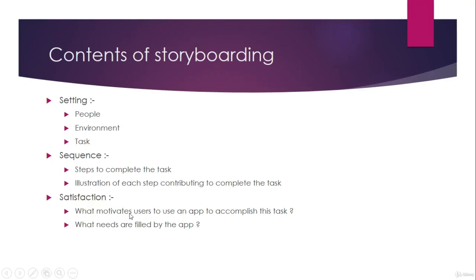The final aspect that we should be worried about is the satisfaction. Under that, what motivates the user to use the app to accomplish the task? Say, instead of physically going to the bank, what makes you do an online transaction while staying at your home? Maybe saving your time, or maybe the transportation cost, or maybe the weather condition might not be good.